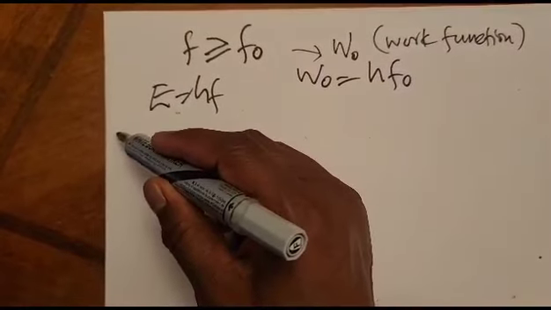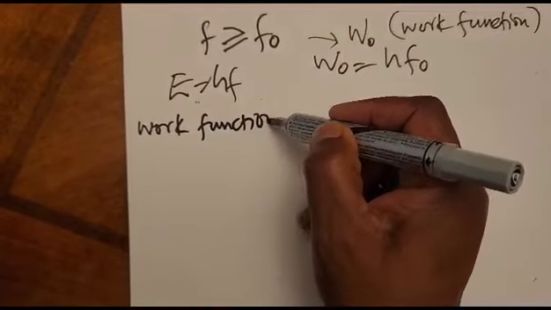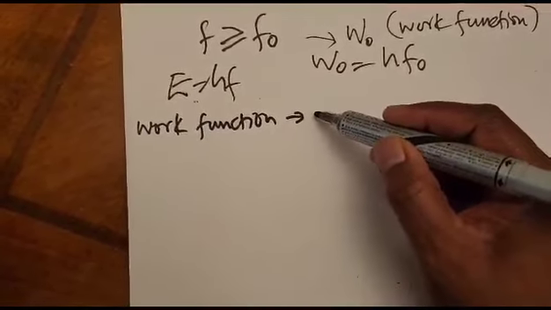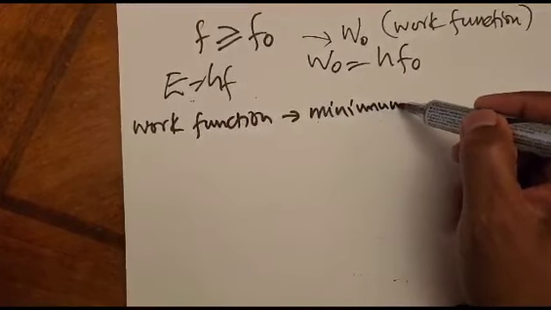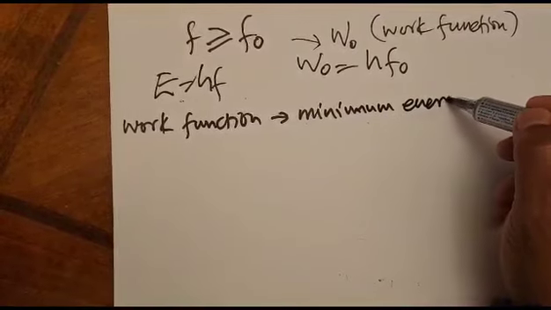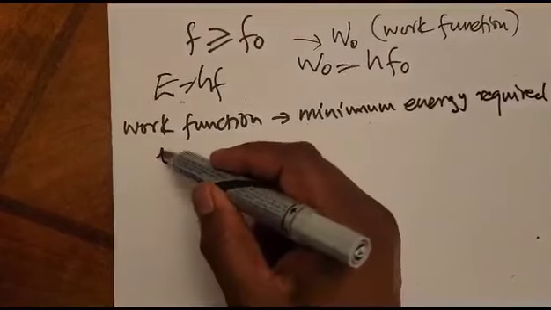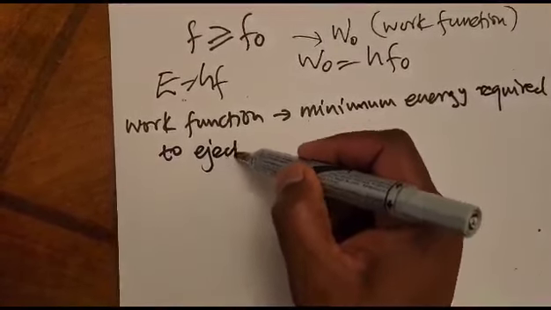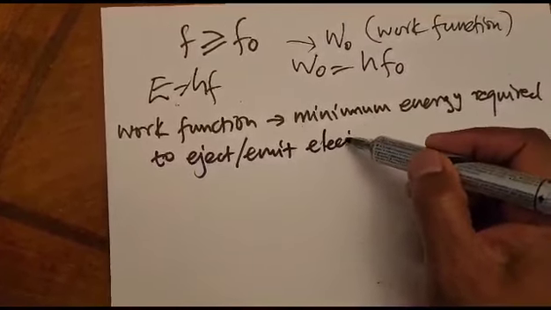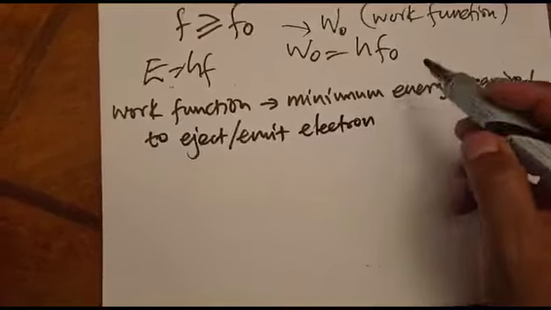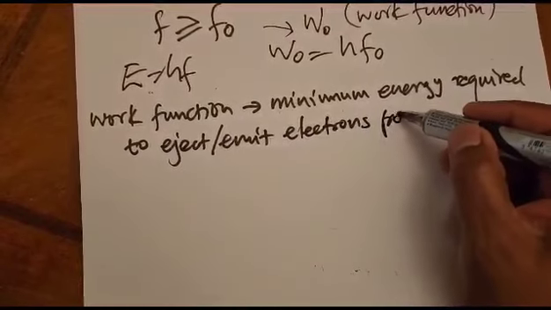By definition, the work function is defined as the minimum energy required to eject or emit electrons, sometimes called photoelectrons because of light, from the metal surface.